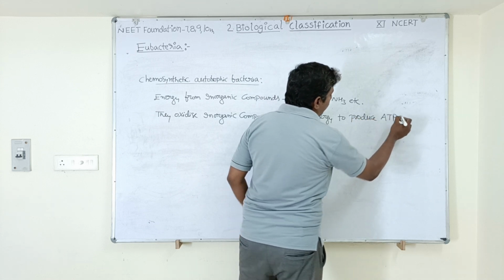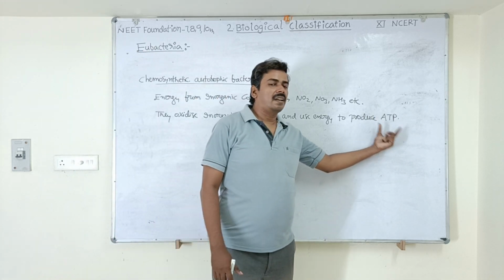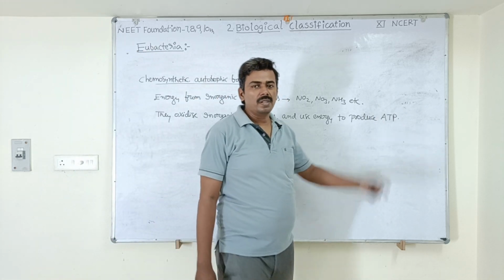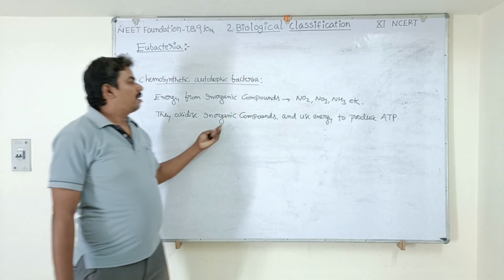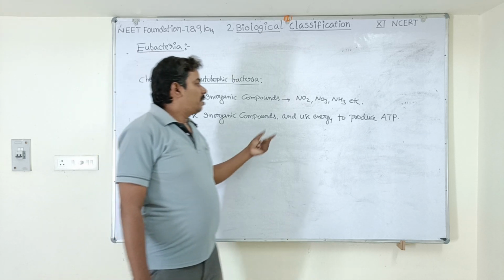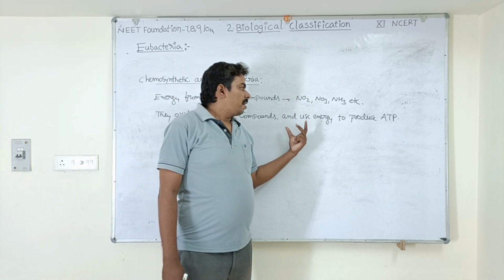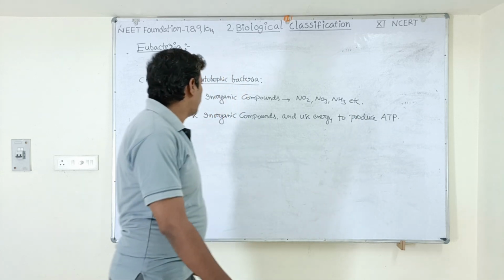What is ATP? ATP stands for adenosine triphosphate. It is the energy currency which is produced in the cell. So these bacteria oxidize these inorganic compounds and use the energy obtained during oxidation to produce a molecule called ATP.